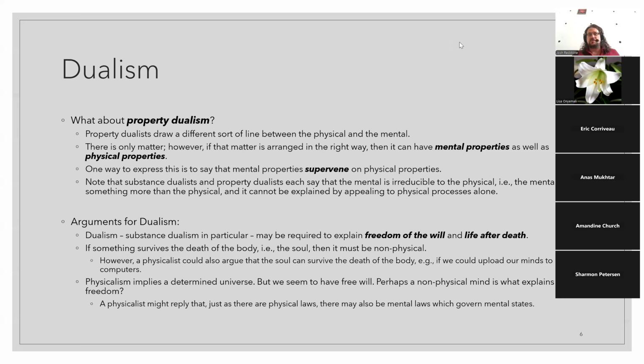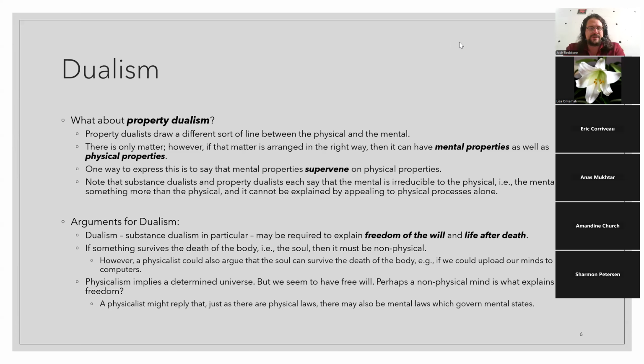So, what are some arguments for dualism? When it comes to substance dualism, a big part of why we might want it to turn out to be true could be because it can explain freedom of the will as well as life after death. And here's where we're maybe getting a little bit closer to Plato.